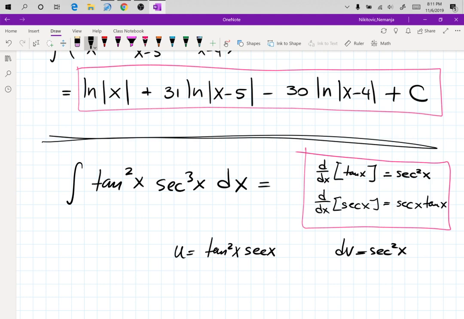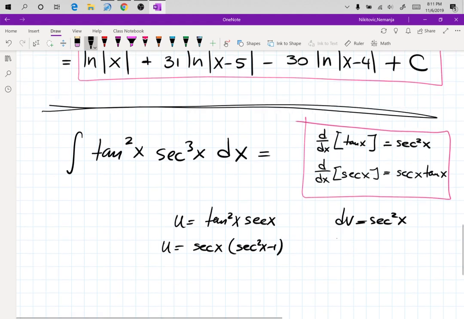du is going to be, we can change tangent squared into secant squared by secant squared minus 1. So u can be secant x times secant squared x minus 1. So u can be secant cubed x minus secant x. And the v, I didn't do the du yet.